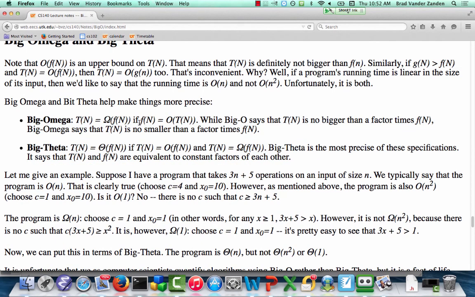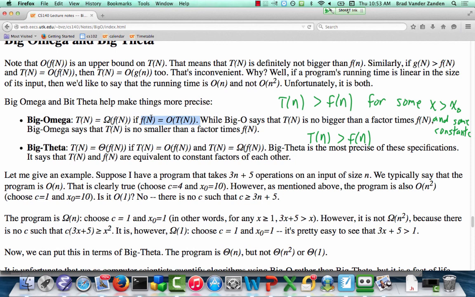If f of n is order T of n, then what we're saying is that T of n is bigger than f of n for all x greater than x0 and some constant c.